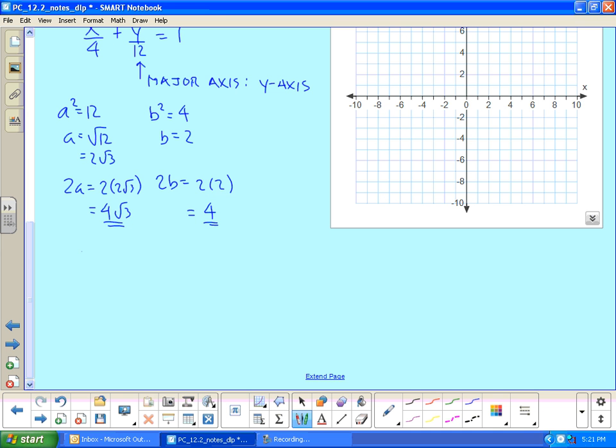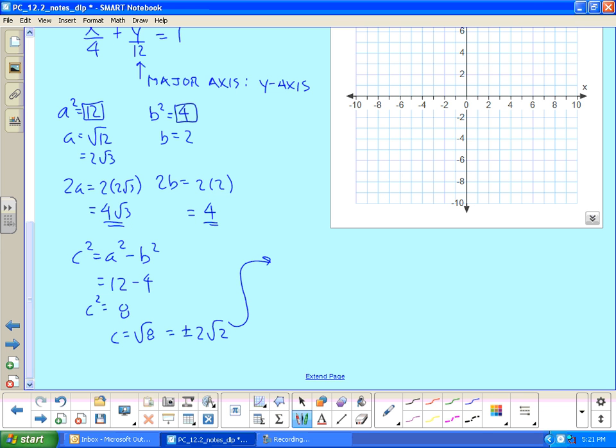While we're here, let's go find c, because now we have all of these parts. Remember, a squared and b squared, we don't have to recalculate those. So we get 12 minus 4, so c squared is equal to 8. Square root both sides, and you get c equal to the square root of 8, again plus or minus, and we get 2 root 2.